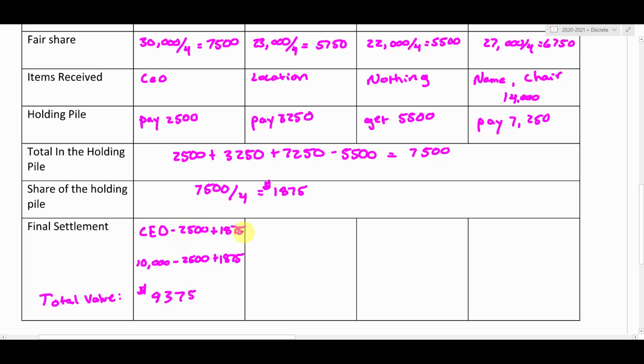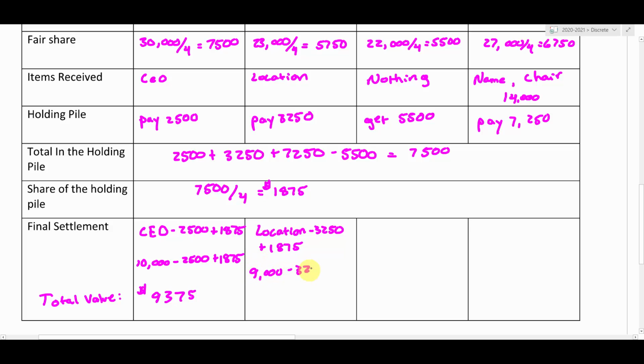All right, now we do the same thing for Designs by Me. Right, so Designs by Me got location, and then they paid $3,250, and then they got $1,875, right, from the leftover money. Okay, so the location was worth $9,000.